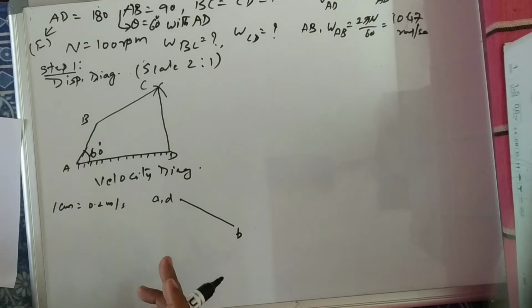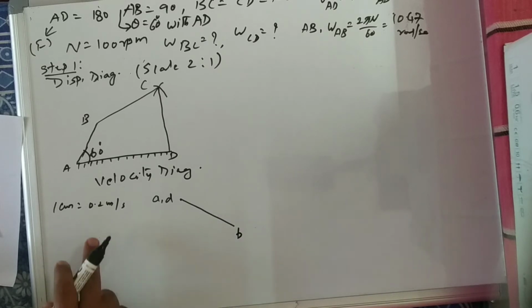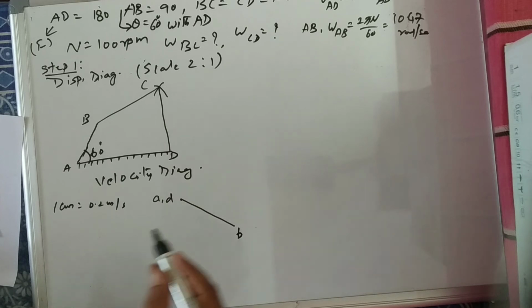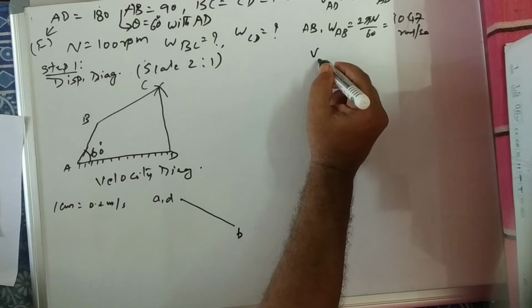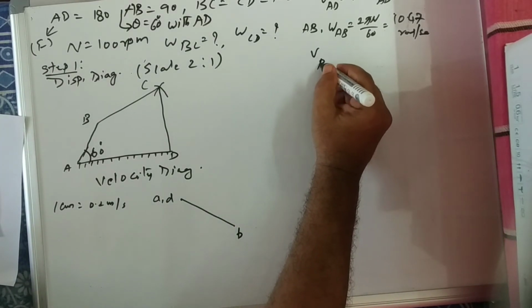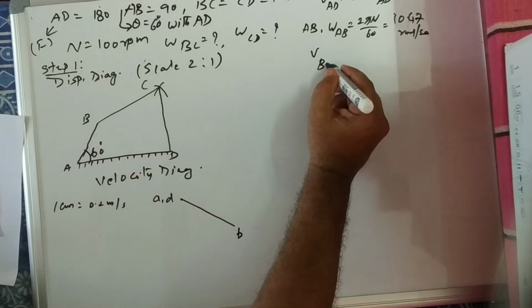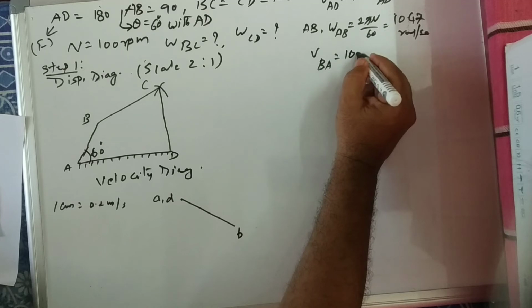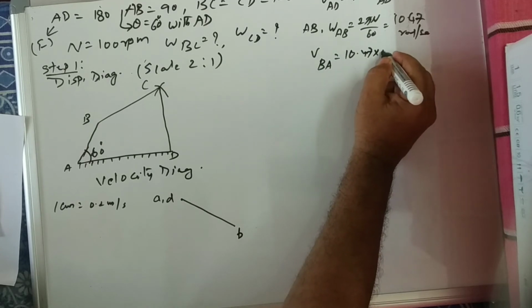Here, after finding the angular velocity, because I am considering it as meters per second here, what I am doing is finding the value of VBA, the velocity of B with respect to A, which is equal to 10.47 into 0.09.